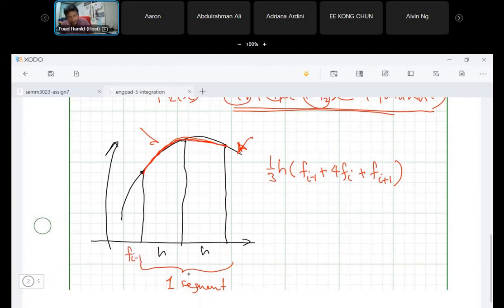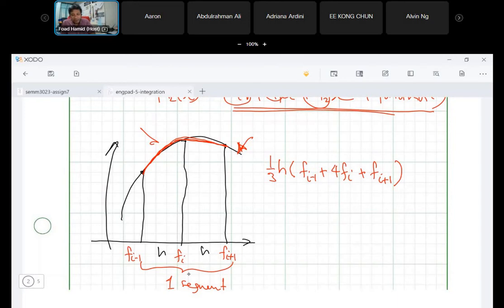This is my f i. This is my f i, and this is my f i plus 1. So that is why I need my 3 points here. Okay, this is what I meant by the 3 points. So this is what I did for my Excel just now.